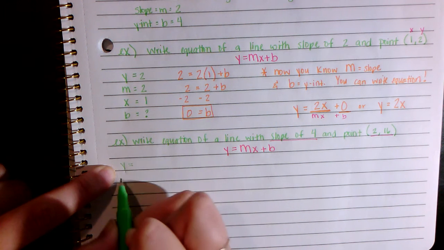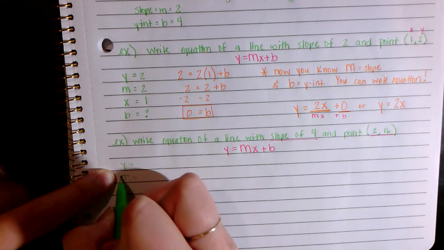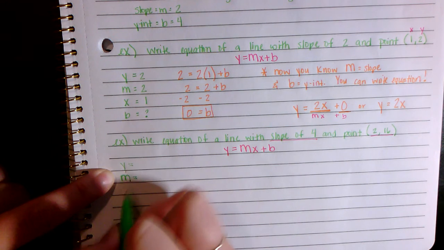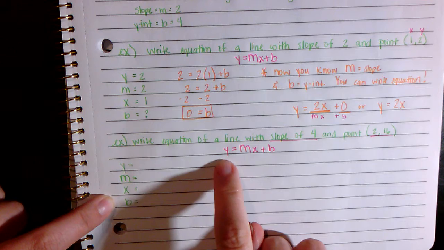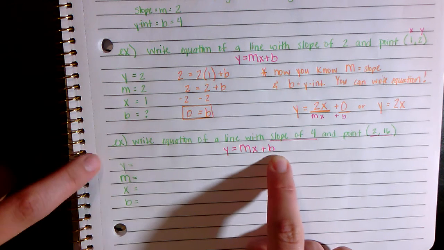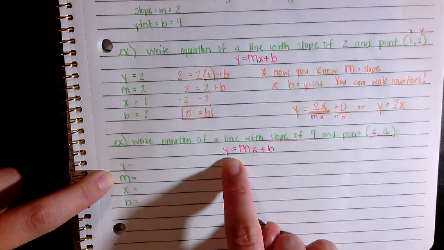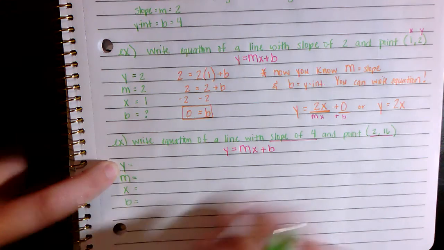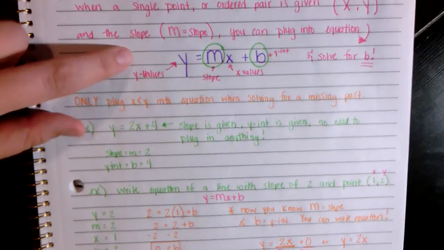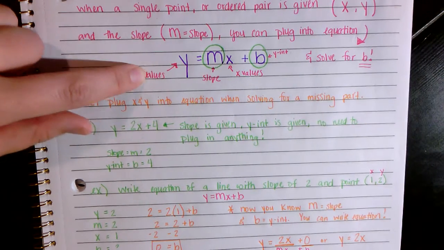Y, M, X, and B. Okay, so those are all of the letters in this equation, and I need to figure out, do I have values for them all? Y. The y in this equation stands for any y values.